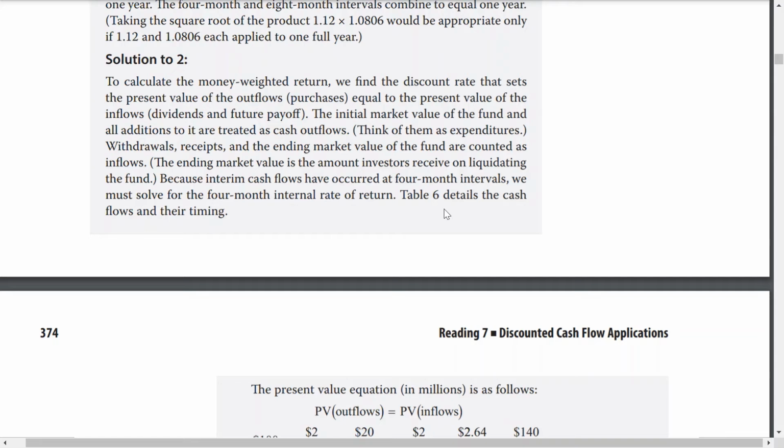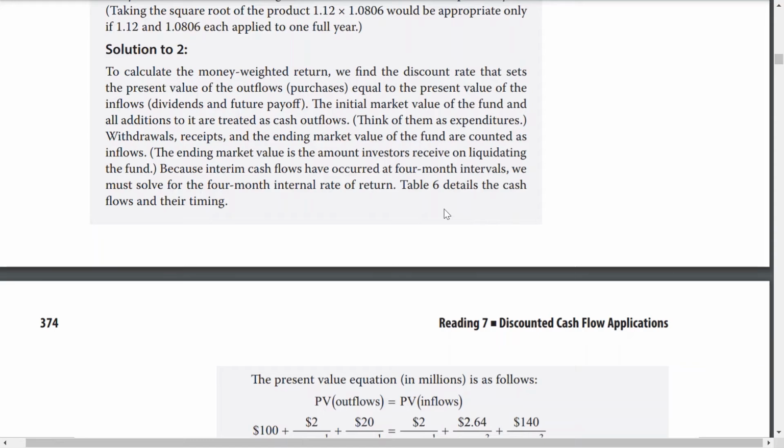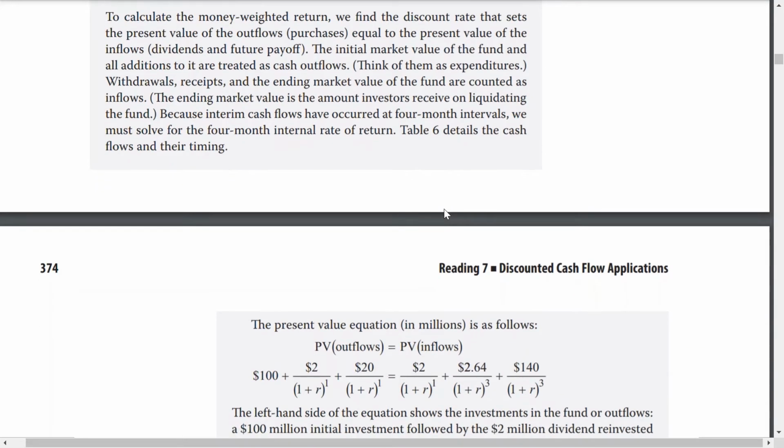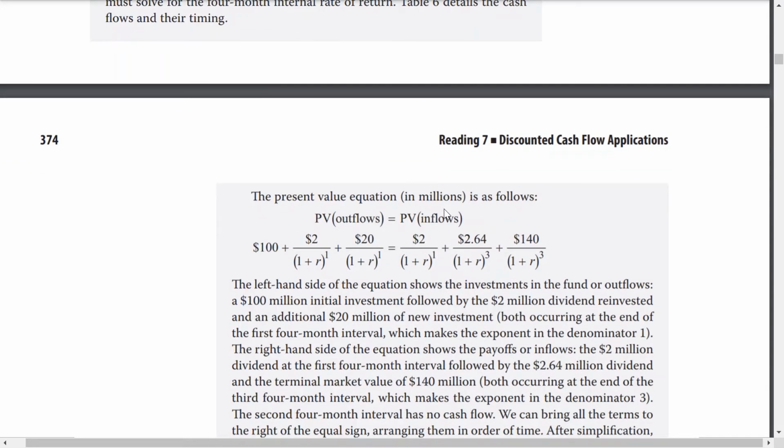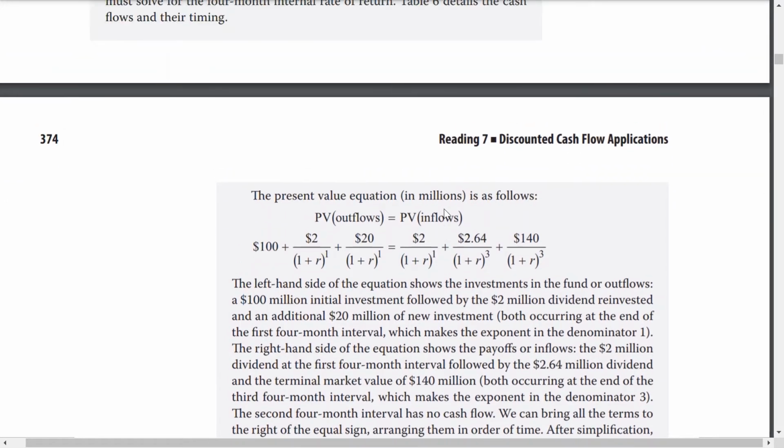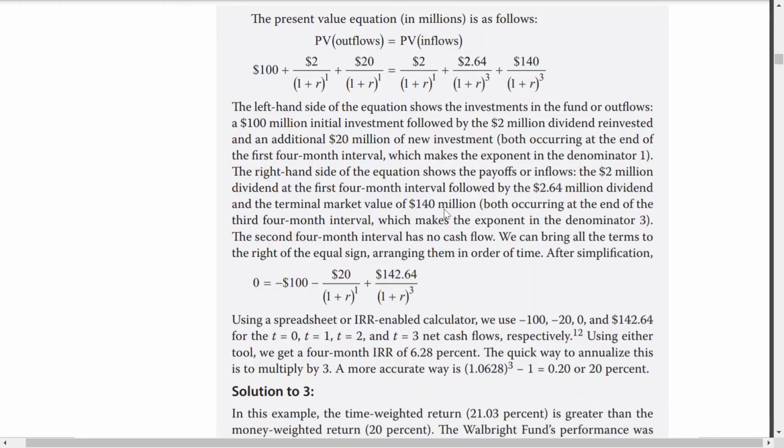This means selling everything. Because interim cash flows have occurred at 4-month intervals, we must solve for the 4-month interval rate of return. Table 6 details the cash flow timing. The present value equation in millions is as follows. The PV of outflows equals the PV of inflows.